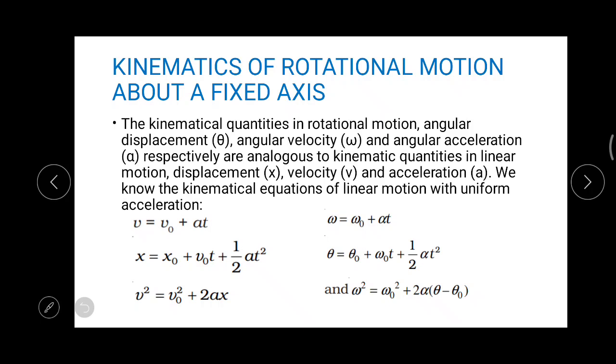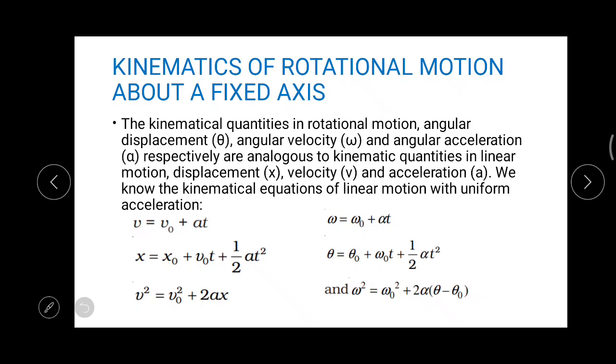Angular acceleration is represented by alpha, linear acceleration is a, and the displacement, which we represent by x in linear motion, in angular motion is the angular displacement, that is the angle theta.